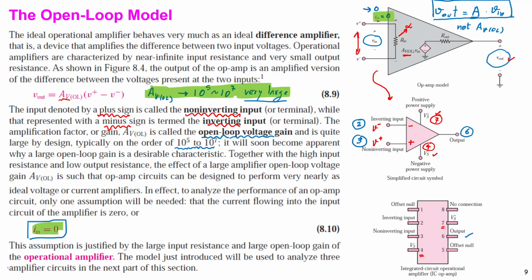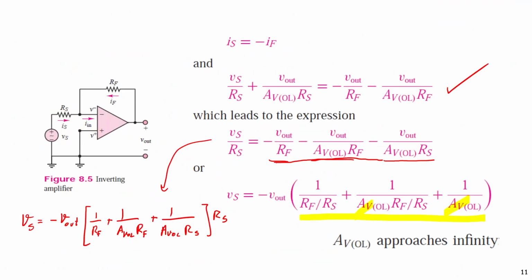So these two terms will be very small, 0.0000, and this also 0.00 something. So we approximate these two terms to 0.